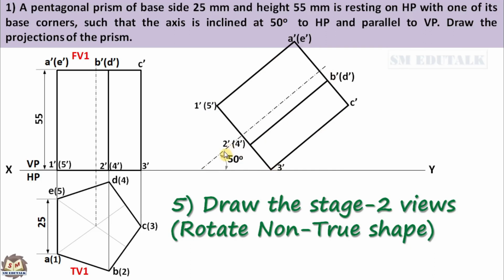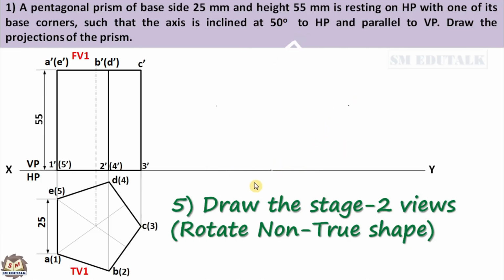Now here, the axis line is parallel to all the longer edges of the rectangle faces. That is, this axis line is parallel to this line and this line. It means all these three lines make the same 50 degree with the axis, like this. Hence, instead of starting with the axis line, you can start with this line to draw the front view.